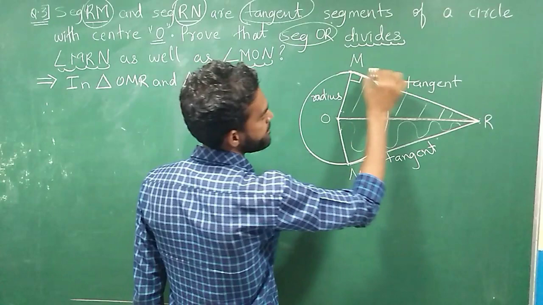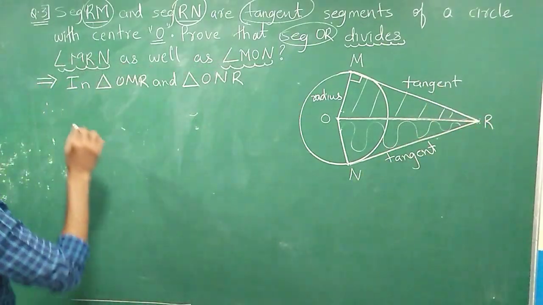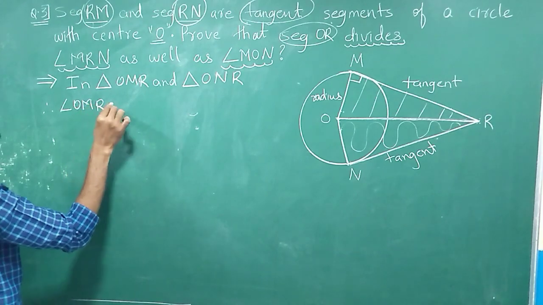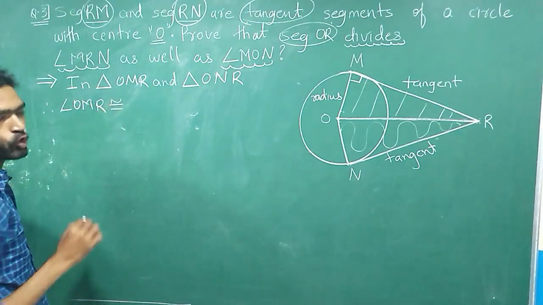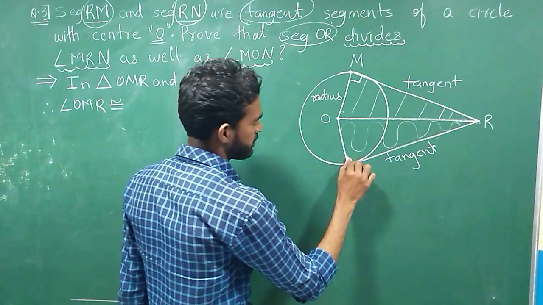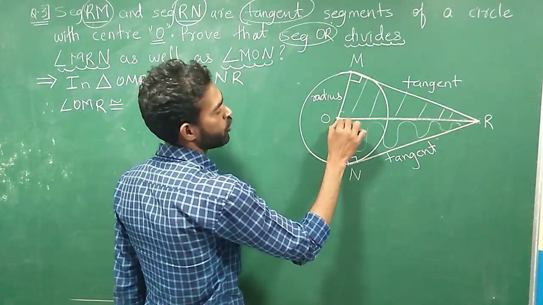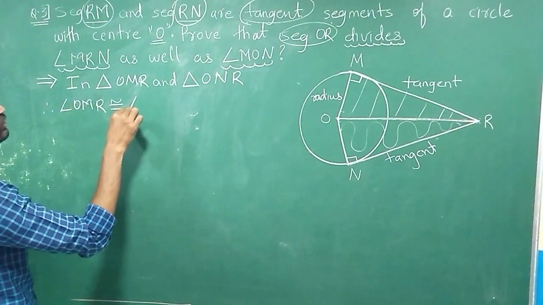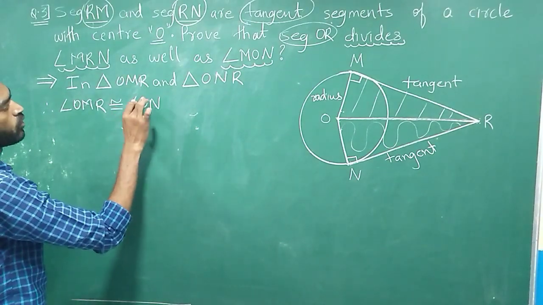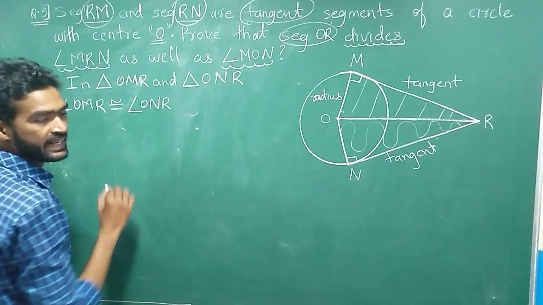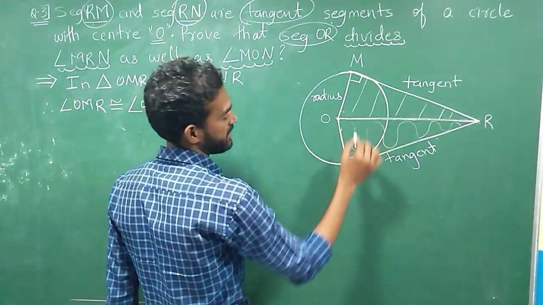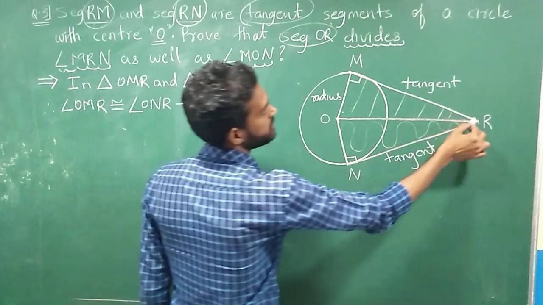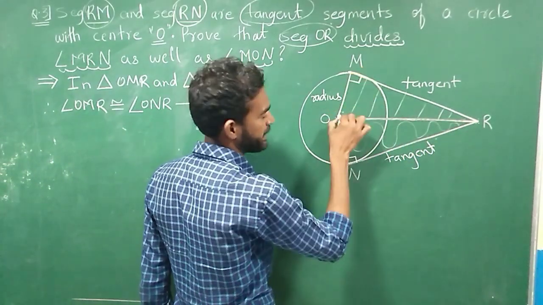Angle OMR is congruent to one more angle, ONR. These two angles are equal. Why are they equal? Because both the angles are right angles. Why are they right angles? Because tangent is perpendicular to radius.